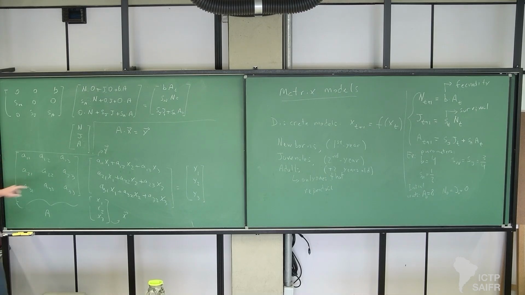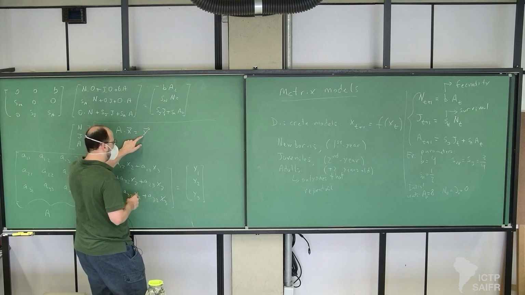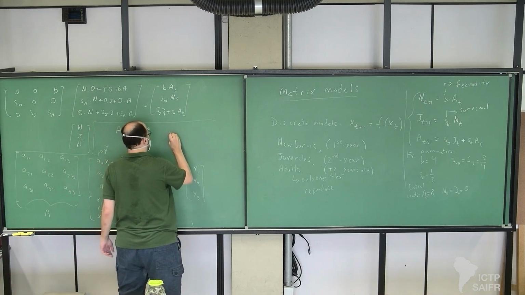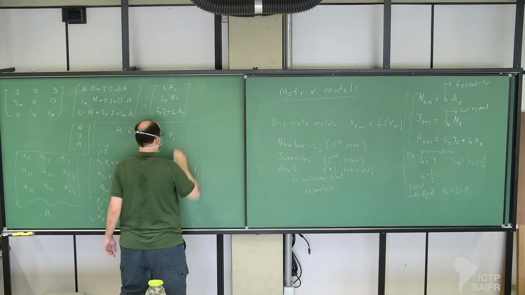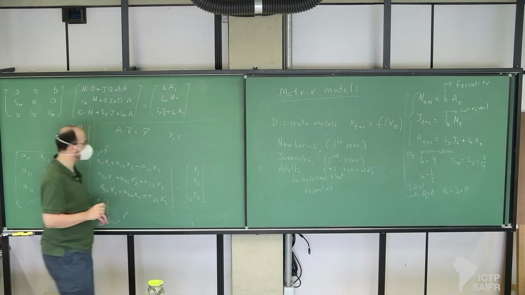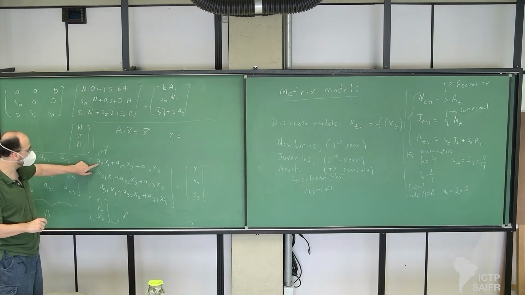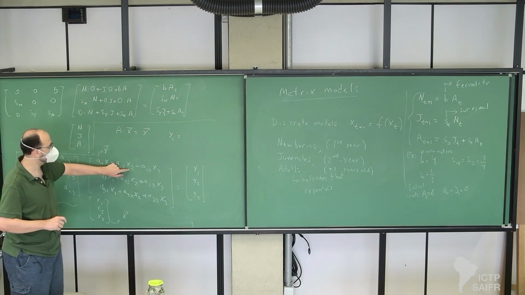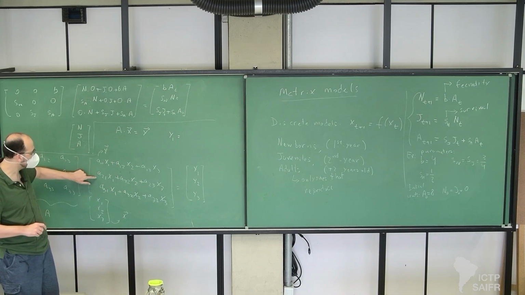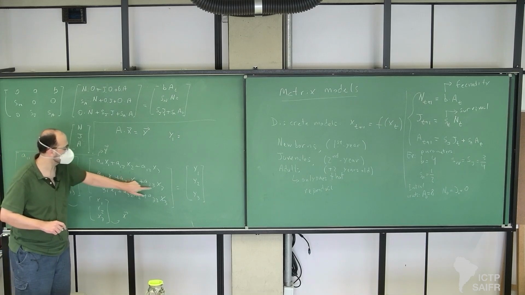What is the element, let me call this yi over here, or maybe let's take the y1, okay? Y1 is A11 x1, A12 x2, A13 x3, right? And y2 is A21 x1, A22 x2, A23 x3.